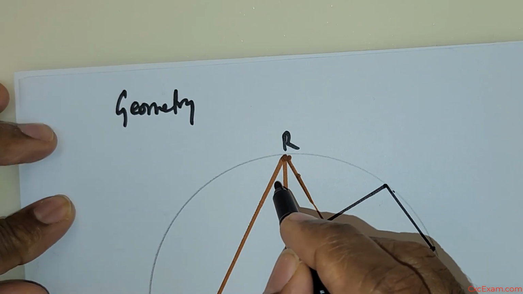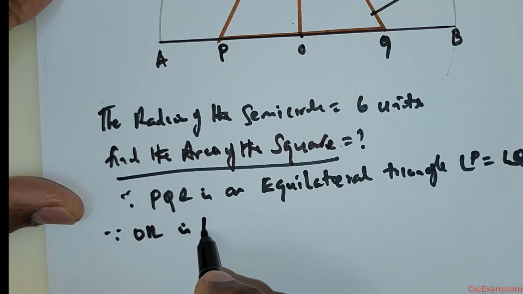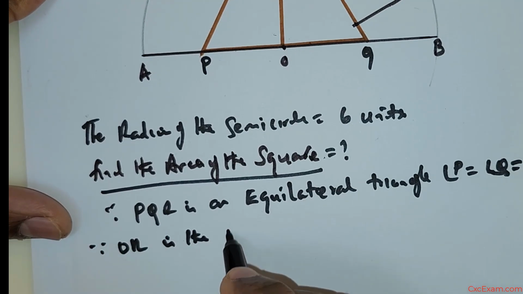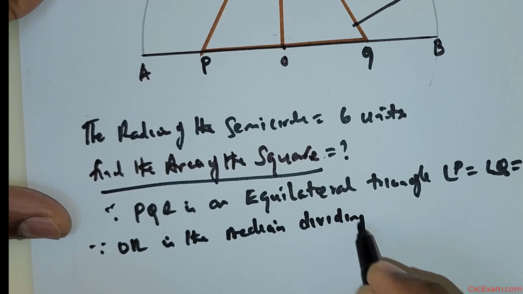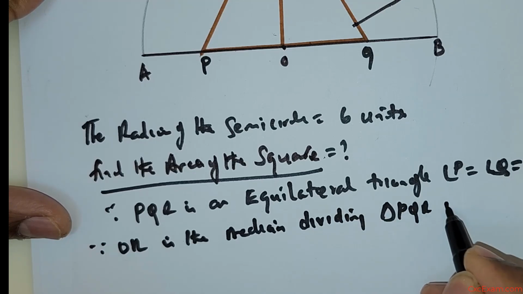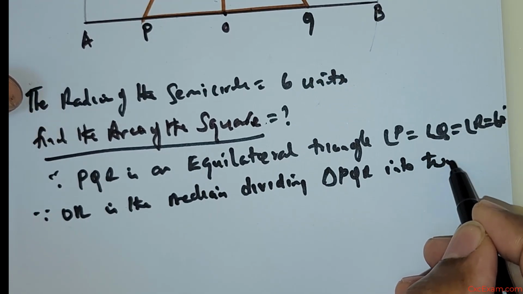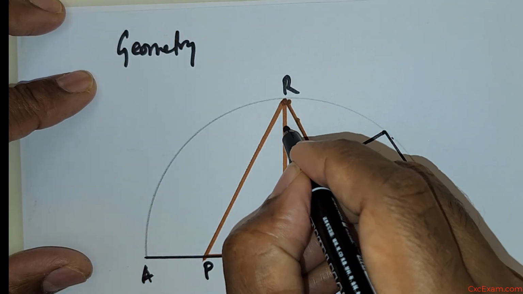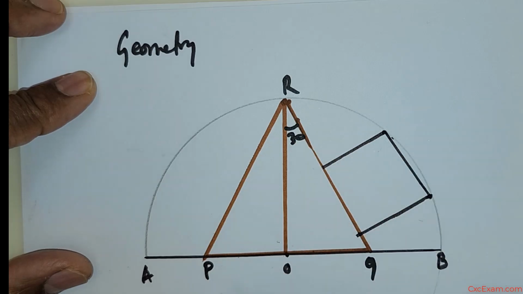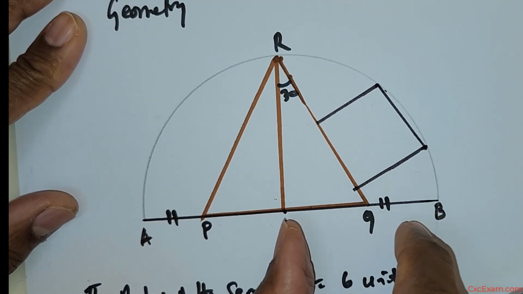So if this entire angle is 60 degrees and OR is the median dividing triangle PQR into two halves, okay, so that means this angle is going to be 30 degrees. So this side is going to be equal to this side, same as this side.